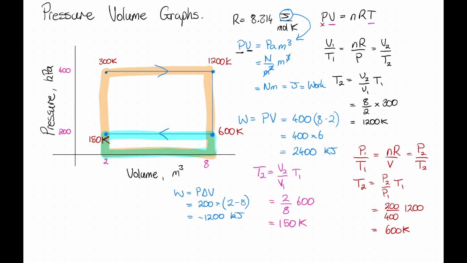The reason why this is minus is we are actually compressing the volume. So the system is doing work to the gas, compressing it. If we go back to our idea of the engine, this is when it's actually expelling its exhaust. It's pushing out the air.